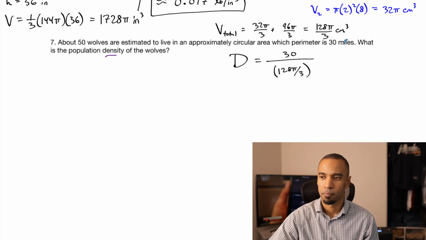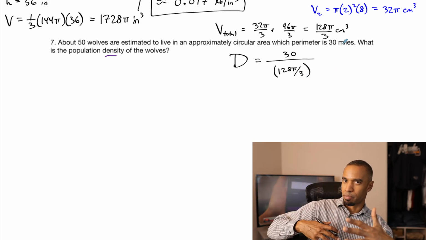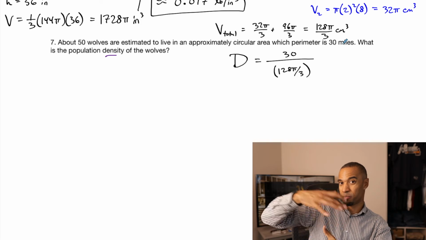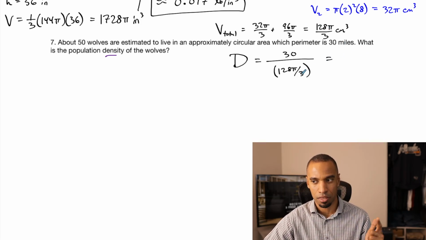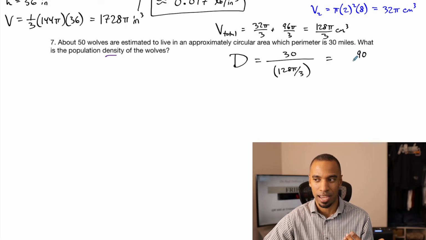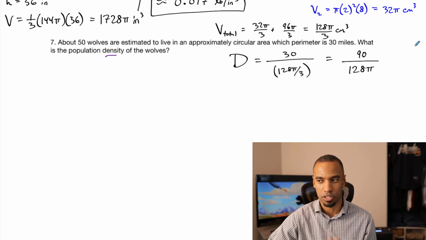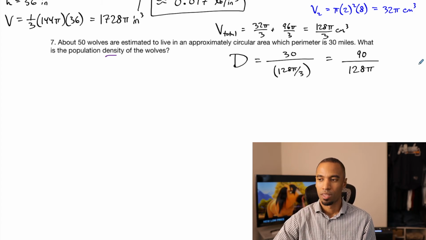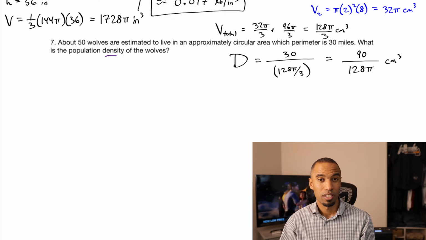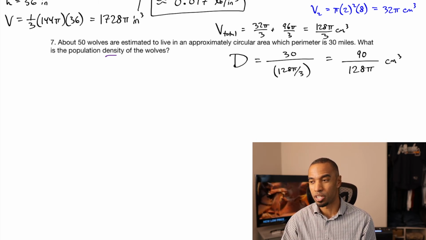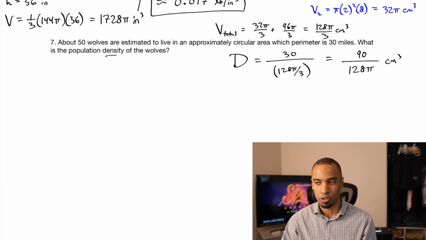If you divide by a denominator, that could technically multiply on top. If I really wanted a cleaned up version of an exact answer, I could take the 3 and multiply it with 30. I'd get 90 over 128 pi. And honestly, that's probably easier to type in the calculator as well. That's cubic centimeters. This also could reduce if I wanted to play the reduction game on that. I couldn't get a unit rate or anything out of this, but I could reduce that fraction.